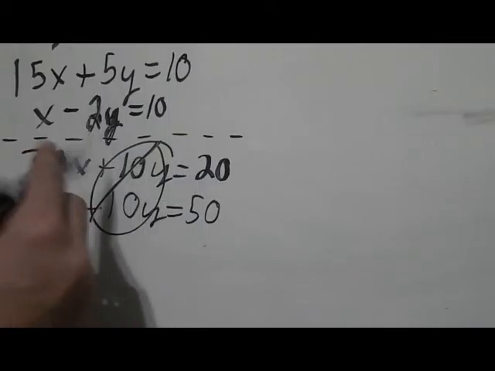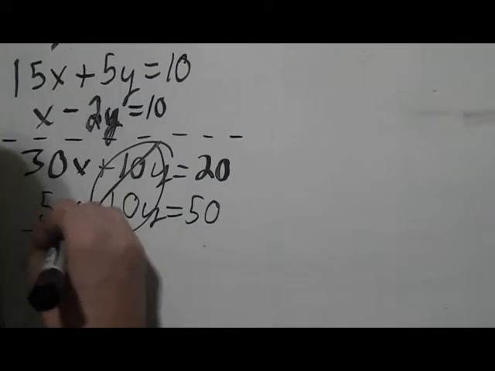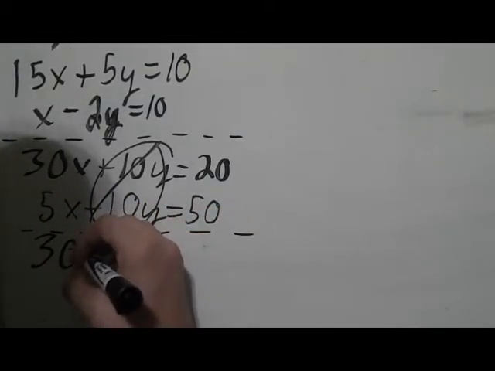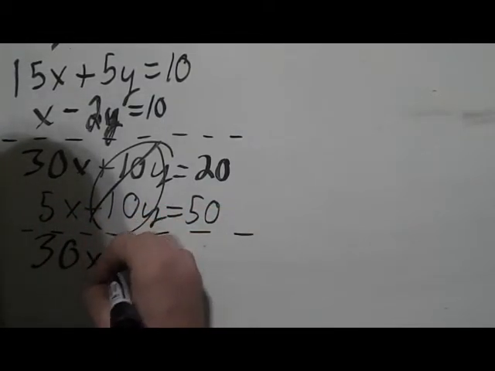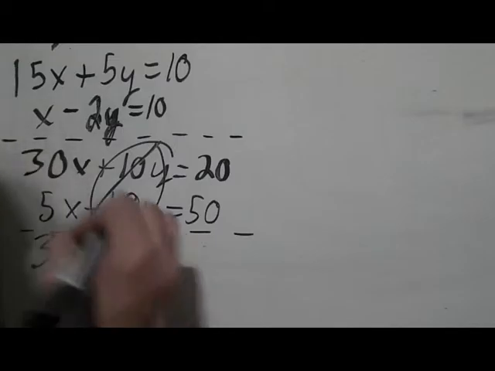So now that we have this out, we're going to go ahead and write what we have left, which is 30x equals 20 and 5x equals 50.